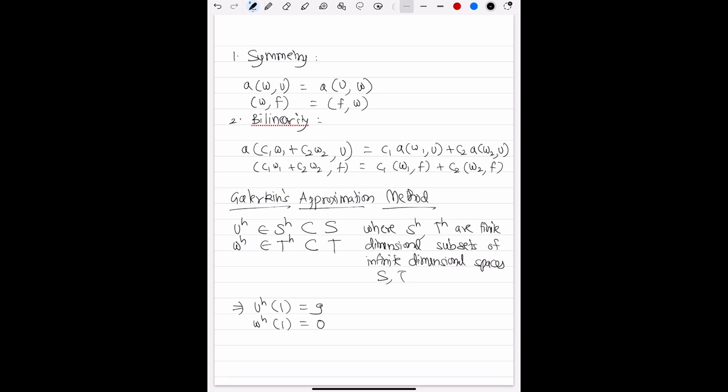S. The next assumption that we make in the Galerkin method is that the approximate solution uh is expressed as a summation of two functions, a function vh and another function gh. Here, we assume that the function vh belongs to the test function subspace Th, and the function gh is some function which satisfies the Dirichlet boundary condition.